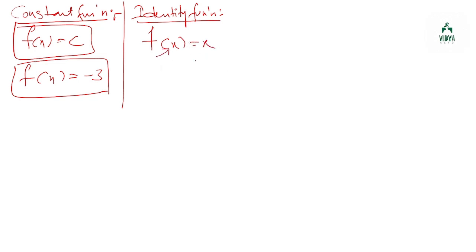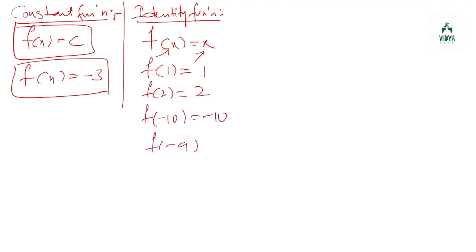Yes. And what are you getting? The same varying value. If I replace x with 1, what is the value? 1. If I put 2, the value is 2, right? If I put -10, what is the value? -10. If I put -9, what is the value? -9. This is the identity function.